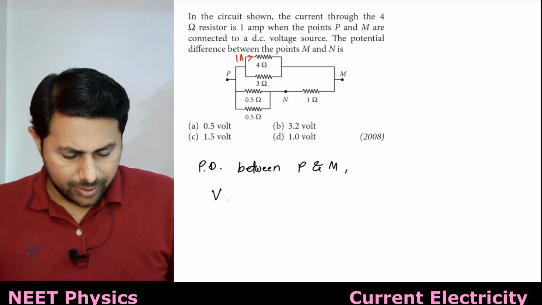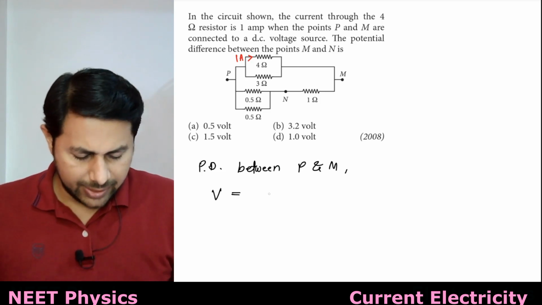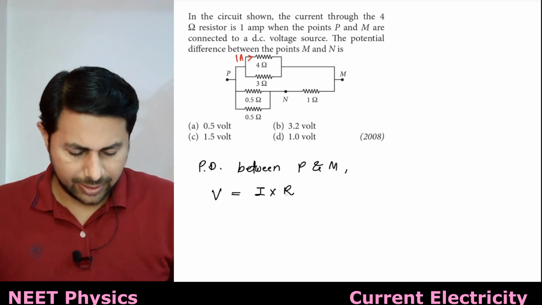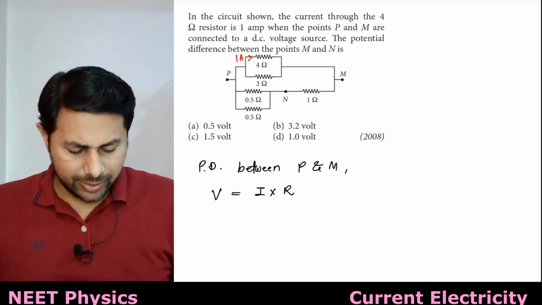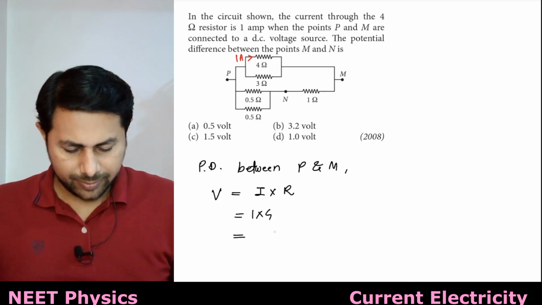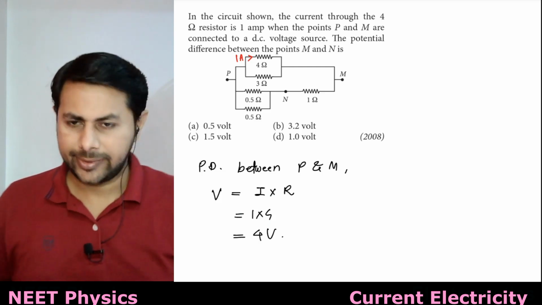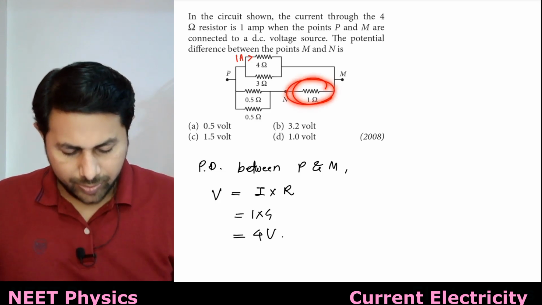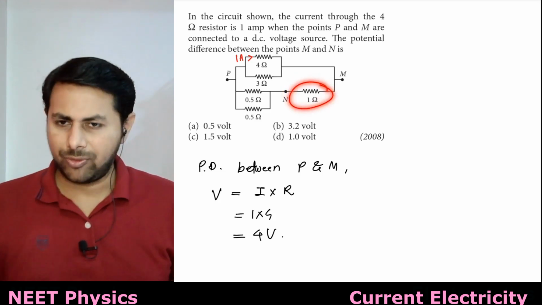So V is equal to current multiplied by resistance. So that's 1 into 4, so it's 4 volts, right? Then we want to find out potential difference across this 1 ohm resistance.